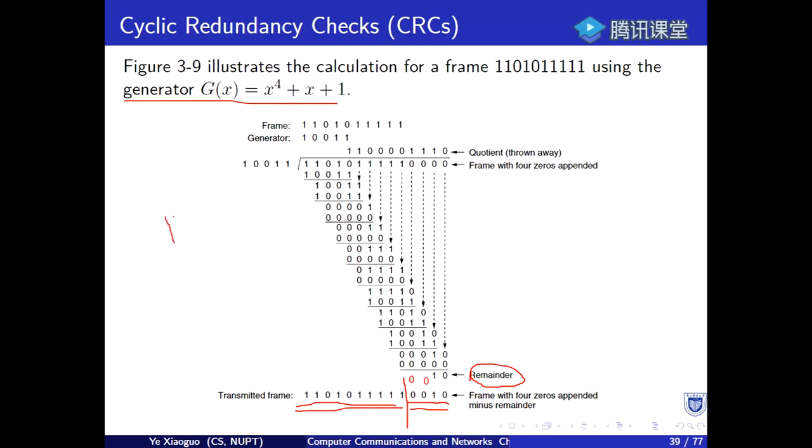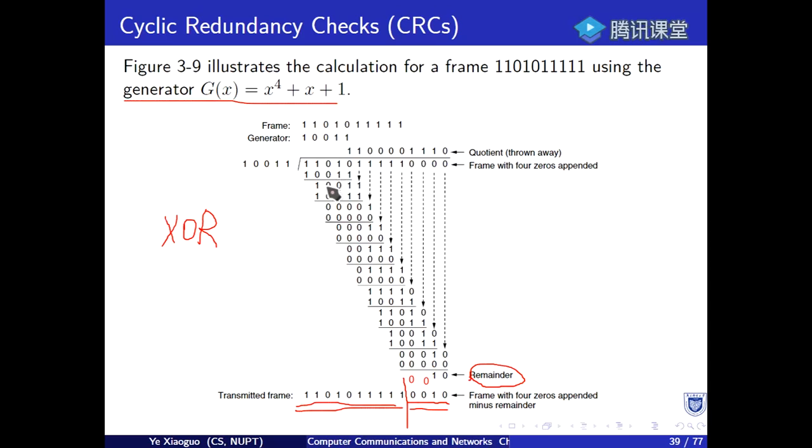So how to calculate? We should understand that we use XOR. That means if the 2 bits are different, we get 1. If two bits are the same, we get 0.